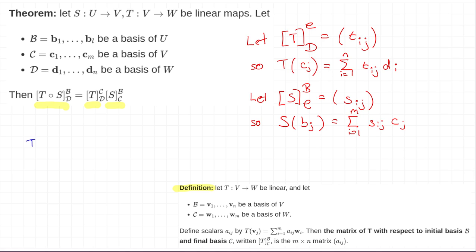So what is the ij entry of T composed with S, the matrix of T composed with S with respect to initial basis B and final basis D?